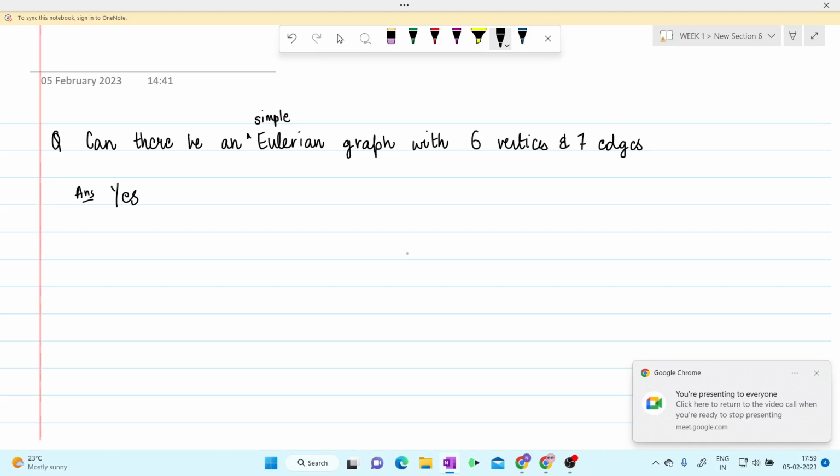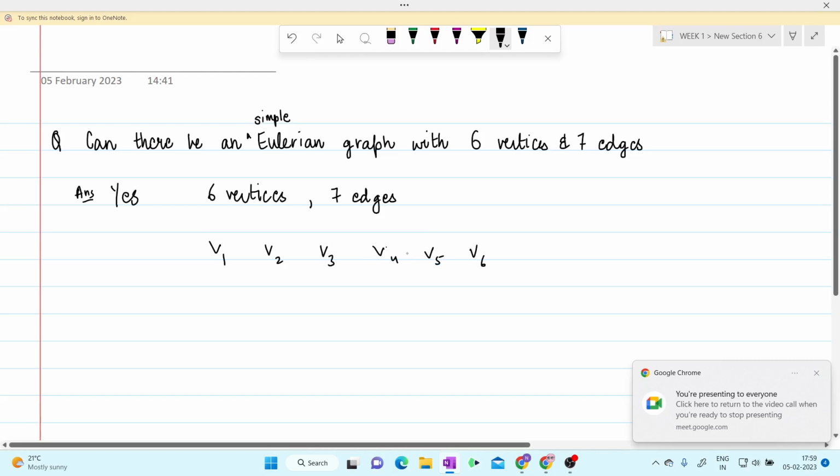Okay. We have 6 vertices. Let's try to construct the graph. If it is possible, we should be able to construct a graph with 6 vertices and 7 edges. So I have 6 vertices: V1, V2, V3, V4, V5, V6, and I have 7 edges.